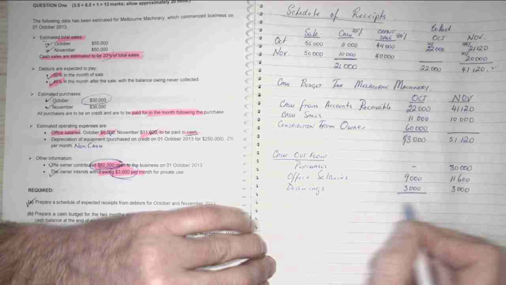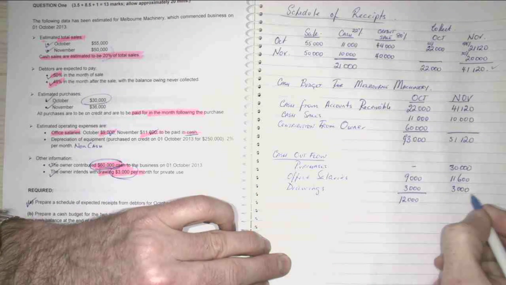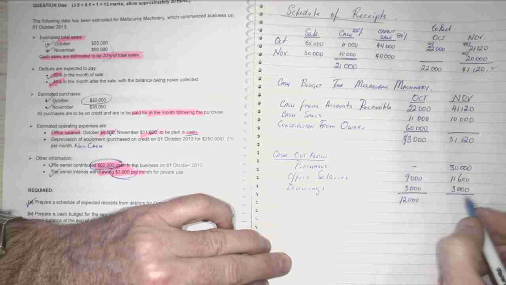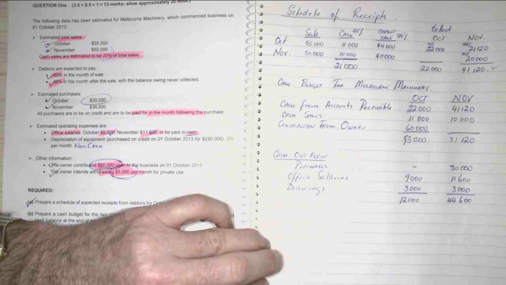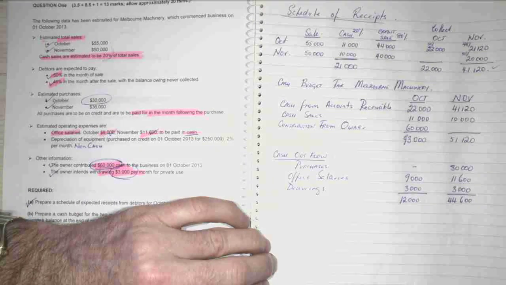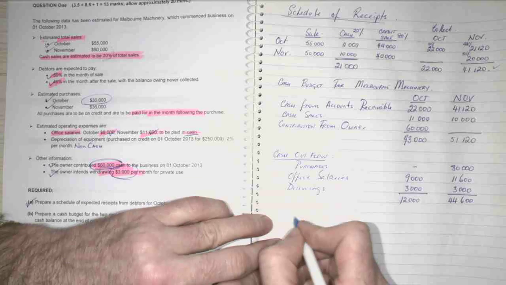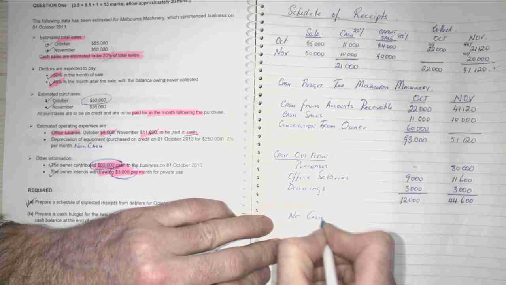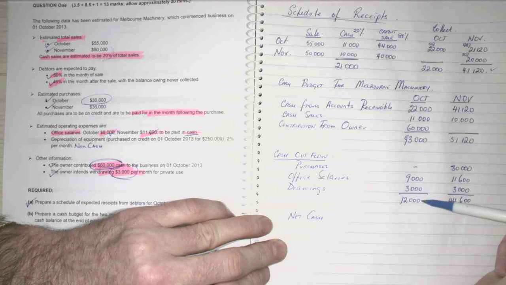So let's do total outflows now. I've got 12,000 for October, and 44,600 for November. Now I want to look at my net cash flow, which is just my cash inflows minus my cash outflows.